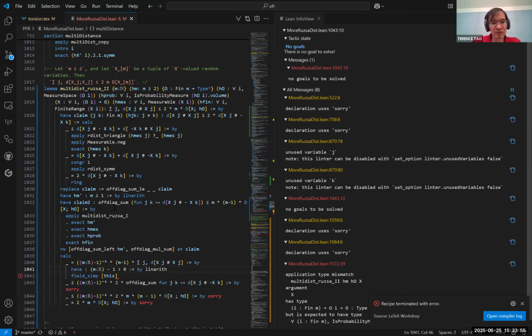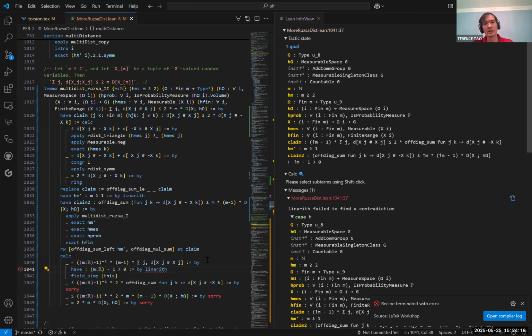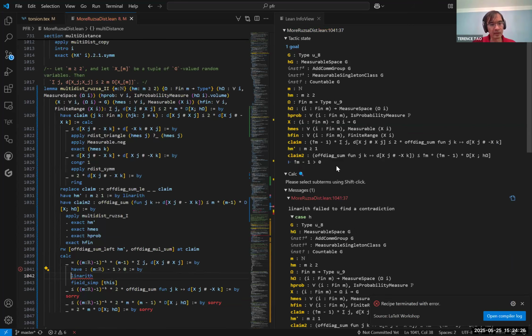There is a tiny issue because m here is a natural number, and here m is a real number. But hopefully Lean is smart enough to figure this out. Unfortunately not.